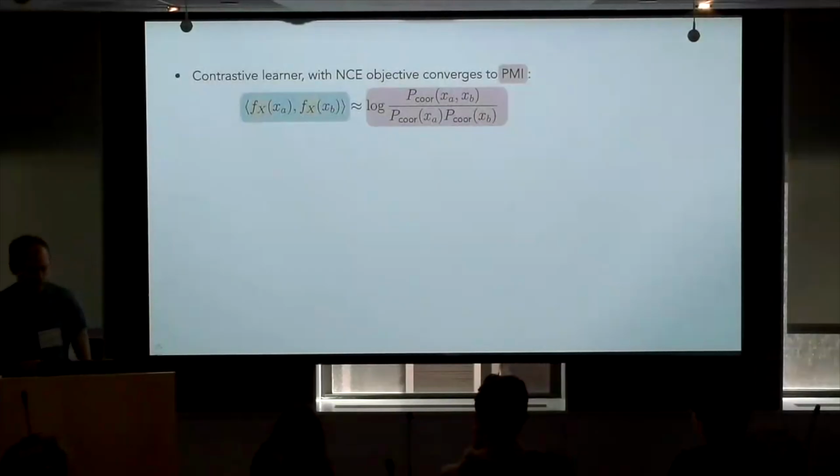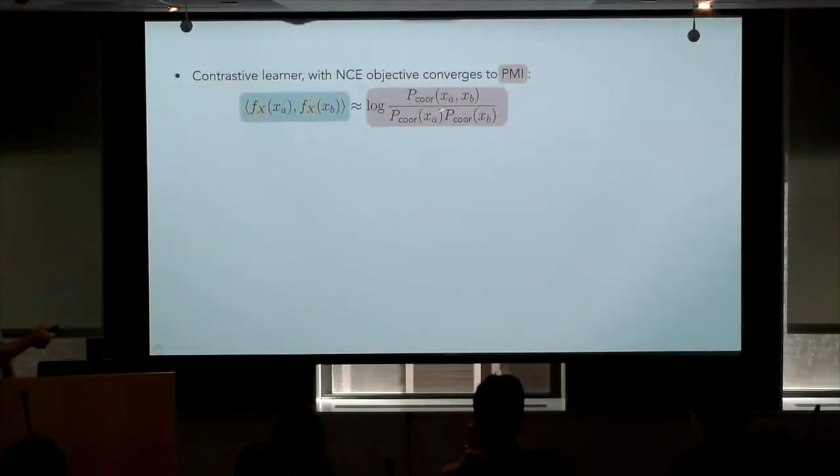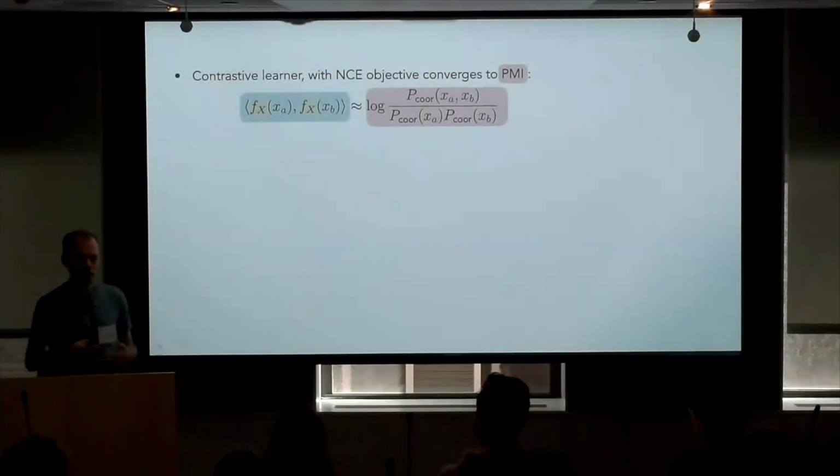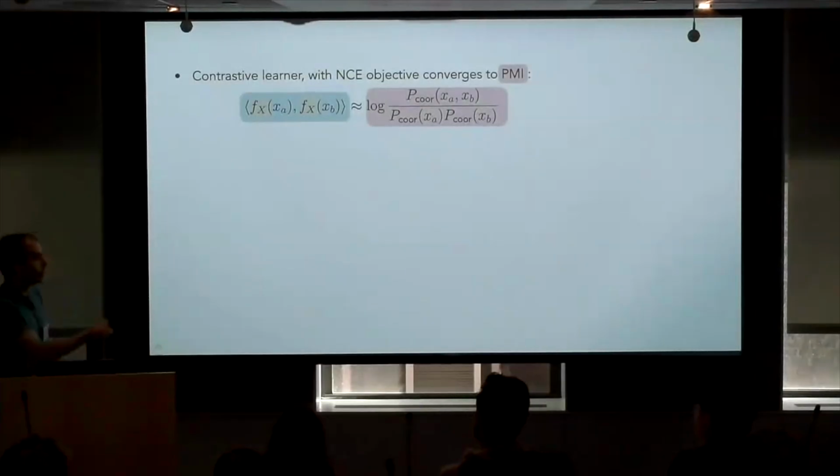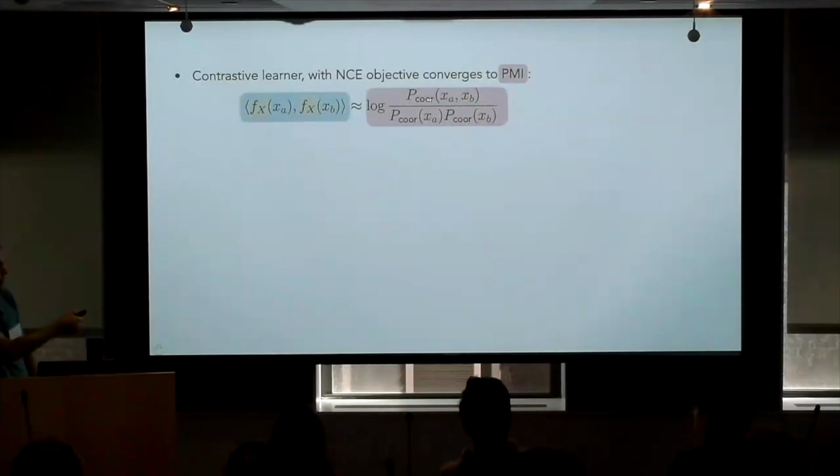So what that says is that the minimizer of the contrastive objective, if my definition of positive pairs is two co-occurring events, and my definition of negative pairs is two random events sampled from the marginals of the joint distribution, then the best classifier between those two things is just that probability ratio. That's called the pointwise mutual information. How often do observations A and B co-occur divided by how often you'd expect them to co-occur if they were independent random variables.